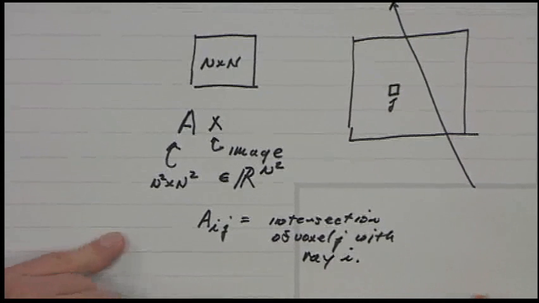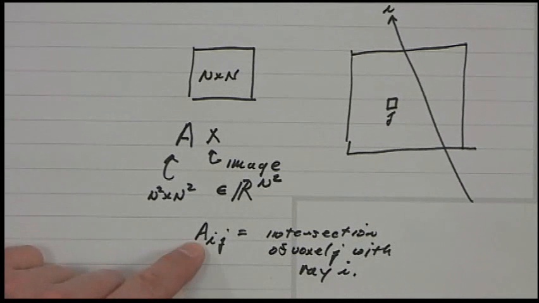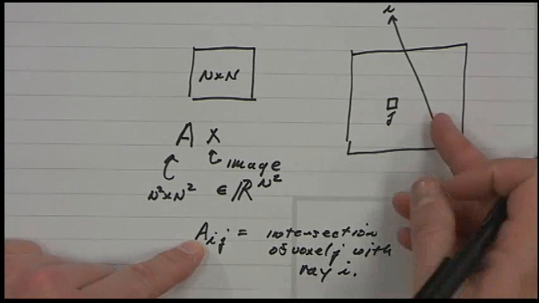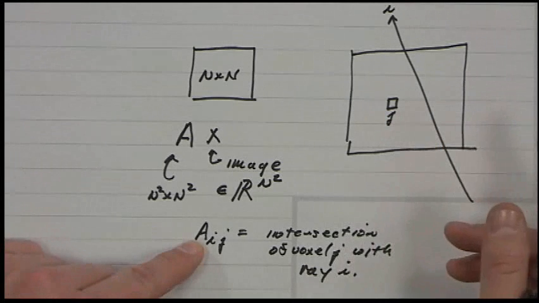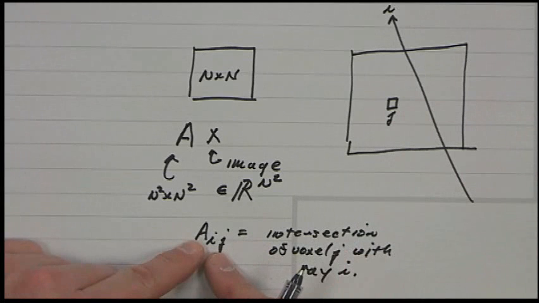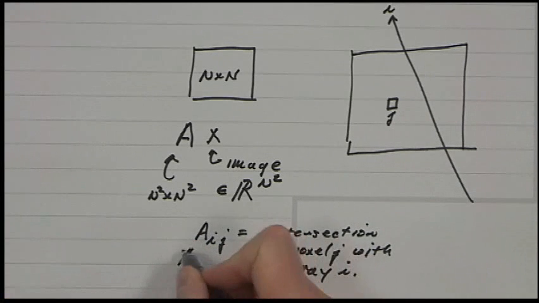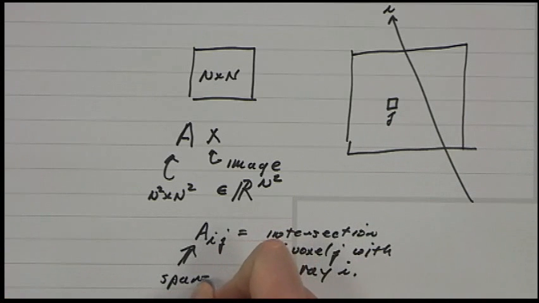Most rays don't intersect with most voxels, so most of the time these entries are 0. So this matrix is sparse.